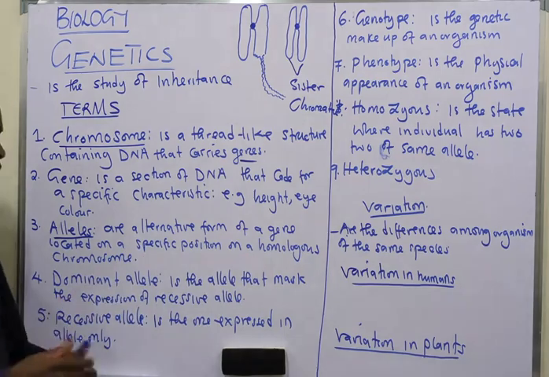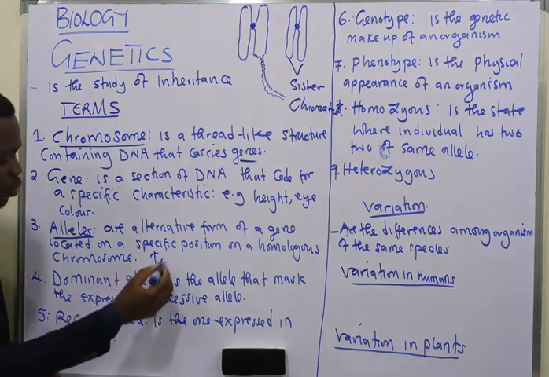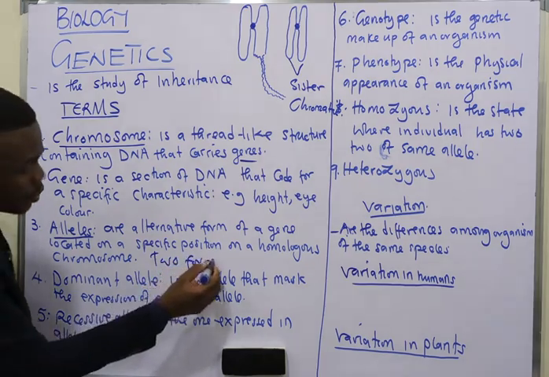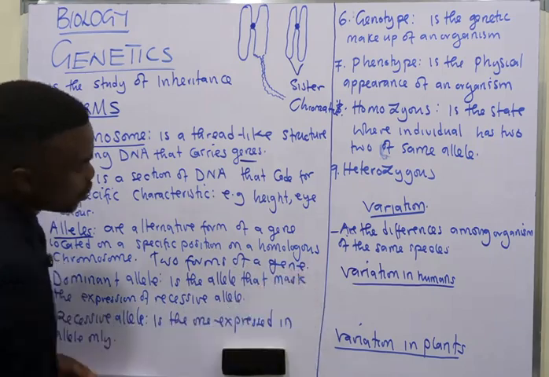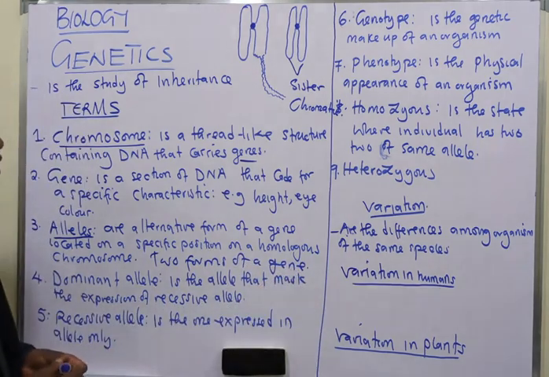I love defining this one also as two forms of a gene, because each and every gene that you inherit, you have two forms. So that is what you call alleles, or an allele.